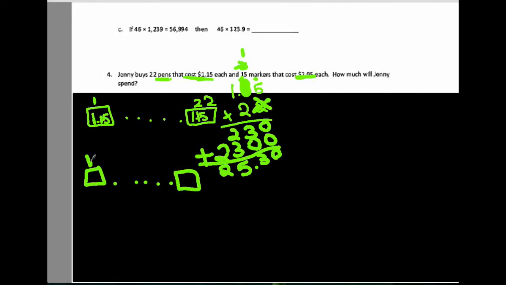This will be 15 boxes. And then each one of them costs $2.05, and this one's going to cost $2.05.